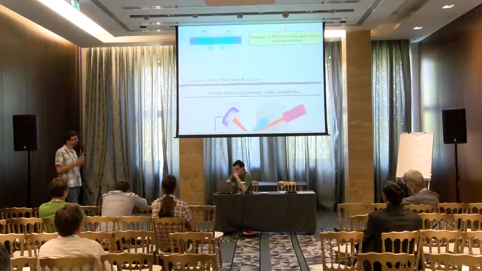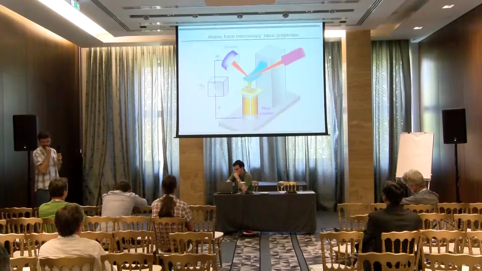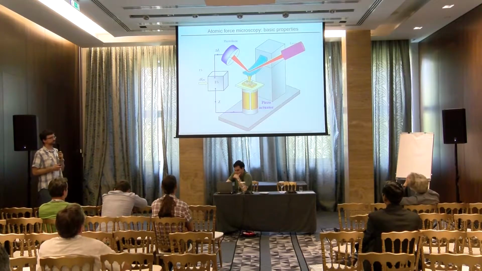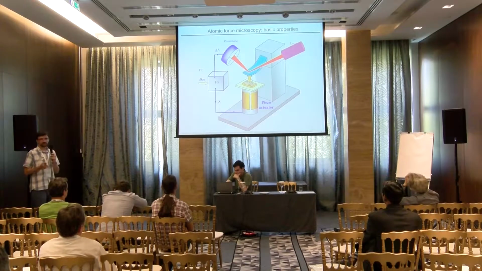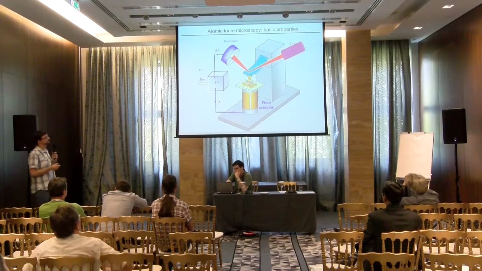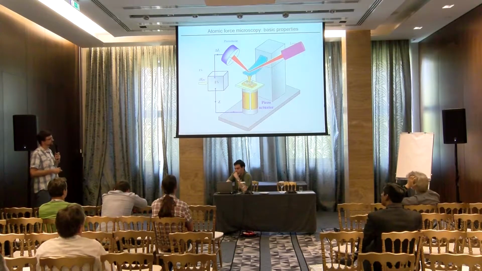And as I said, since we want to study the efficiency of graphene as a protective coating at the nanoscale, we need an appropriate tool, and for this purpose we use atomic force microscopy. This is a basic setup: we have a piezo scanner which holds the sample holder and sample. As a probe we have a cantilever with a sharp AFM tip.